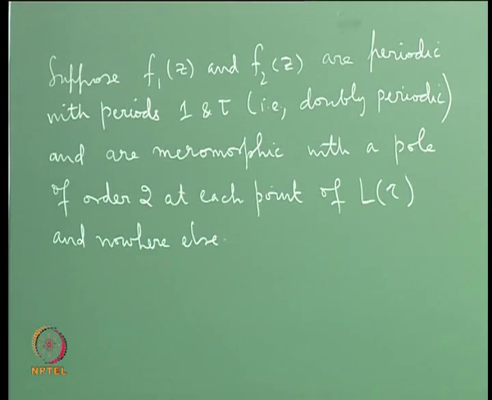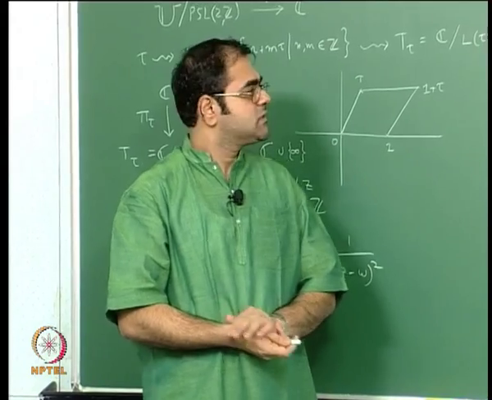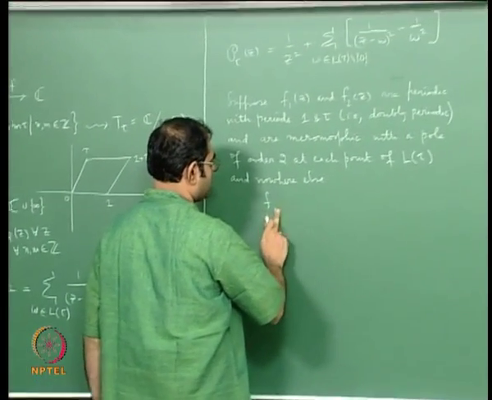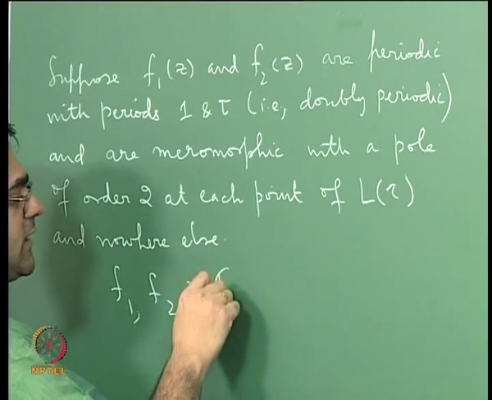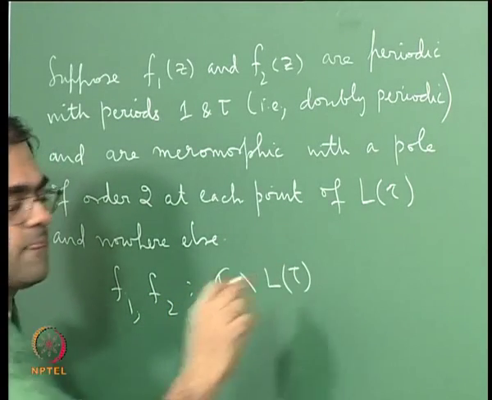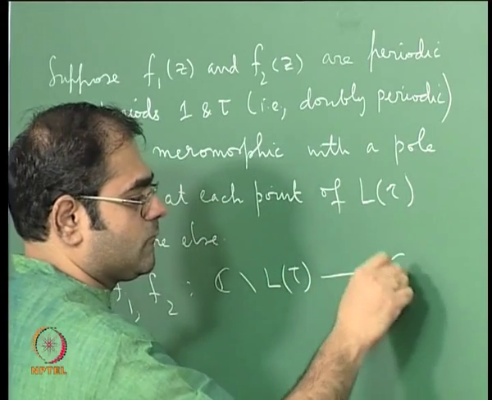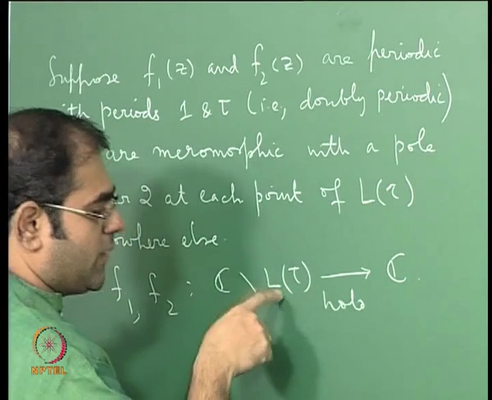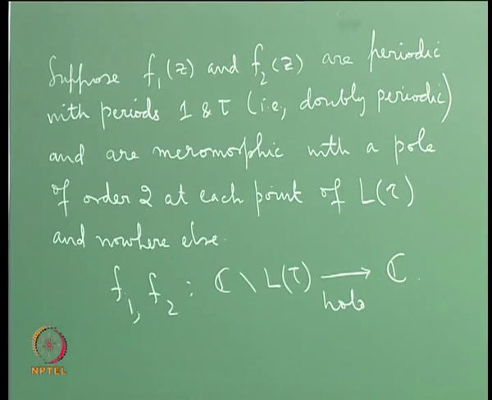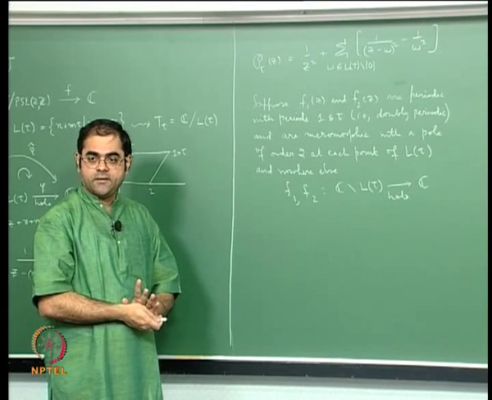So I am looking at two meromorphic functions on the complex plane. That means f1 comma f2 are defined from C minus the lattice to C, they are holomorphic except for the points on the lattice, and at each point of the lattice they have a pole of order 2.